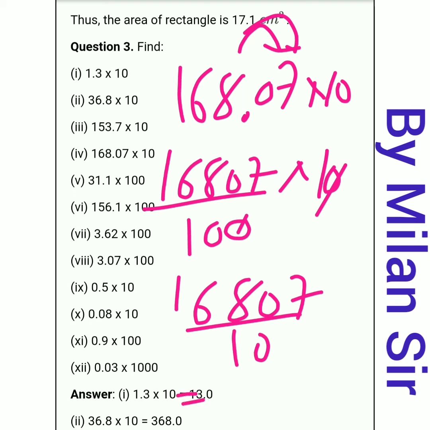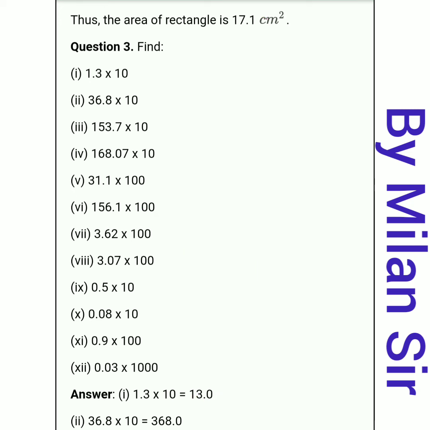Now in the denominator we have 10, so we need to put the decimal point before one digit in the numerator. In the numerator we have 16807, so before one digit we need to put the decimal point, so our answer is 1680.7. Okay, that was directly 168.07 multiply 10.